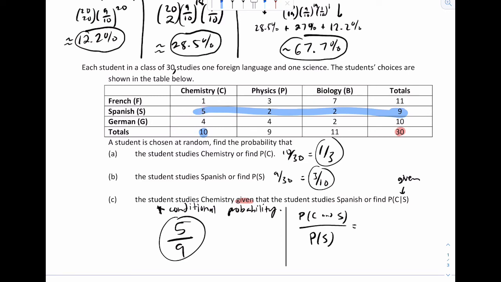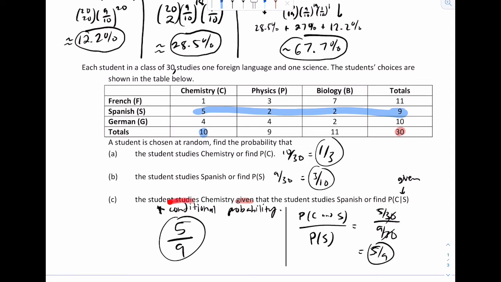That's how many people are in total. So that's 5 out of 30. And then divide it by the chance that they're in Spanish. And the chance that they're in Spanish would be right here, 9 out of 30. 30s cancel out, and notice how you get the exact same number.